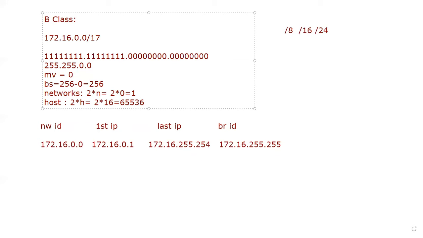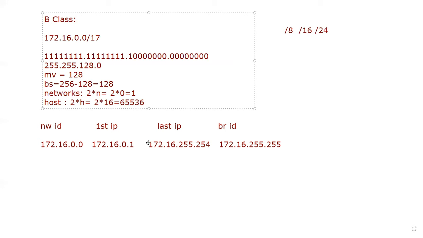Now, for example, your company says you solve /17. Now one bit is on. If one bit is on, then 255.255.128.0 will be there. Like in C class, the change was there; in B class, the change is here. So 255.255.128.0, magic value is 128. Block size: 256 minus 128 is equal to 128.